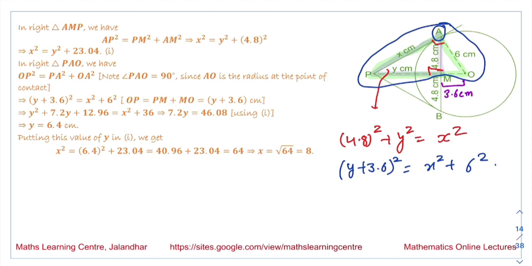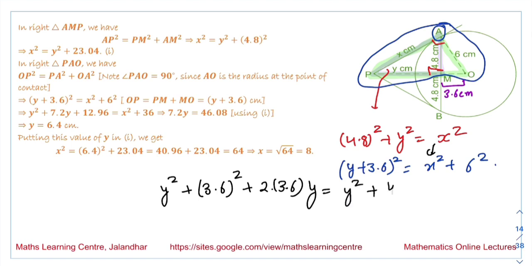Now if we substitute this value of x square from this equation in this equation, we will get y square plus 3.6 square plus 2 into 3.6 into y, equal to y square plus 4.8 square plus 6 square.